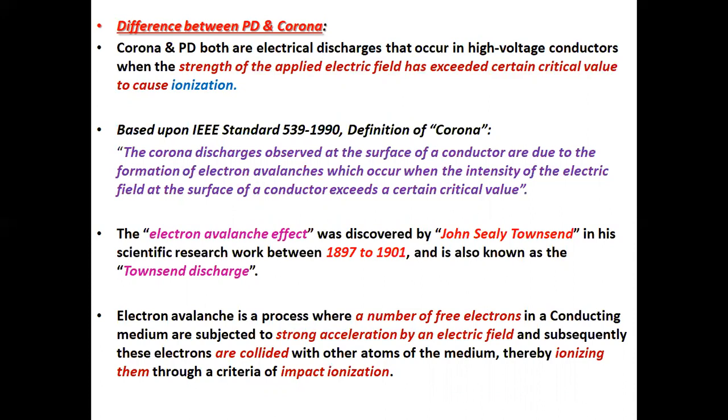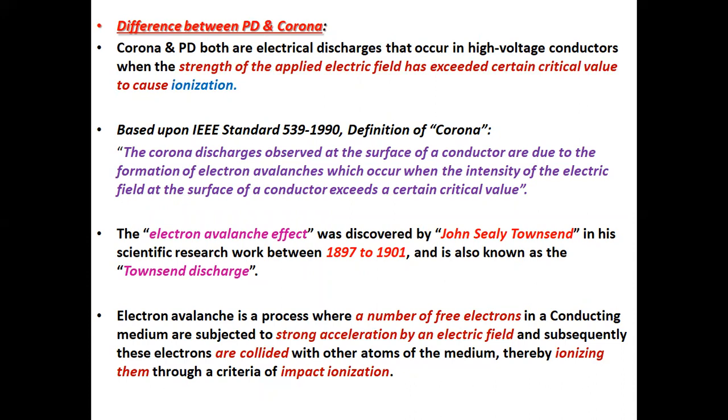Based upon the IEEE Standard 539-1990 definition of corona, the corona discharges observed at the surface of a conductor are due to the formation of electron avalanches, which occur when the intensity of the electric field at the surface of a conductor exceeds a certain critical value.